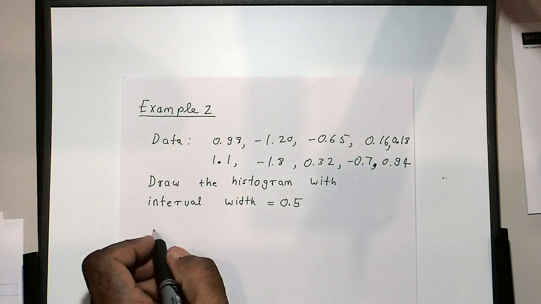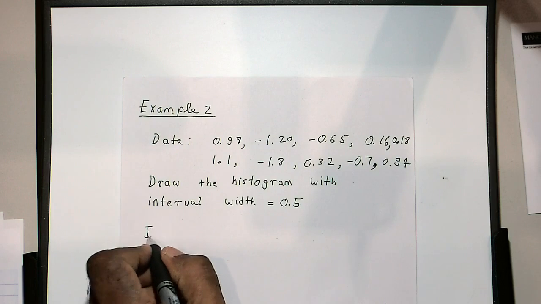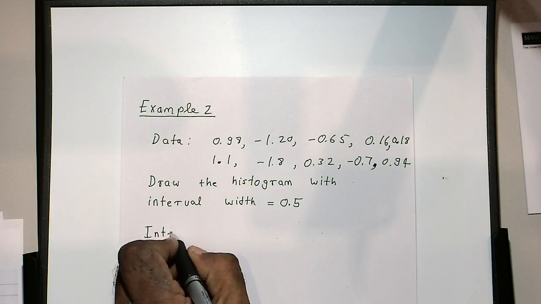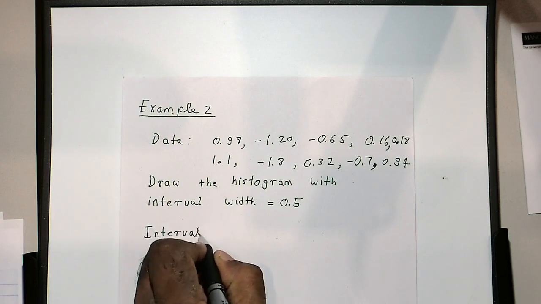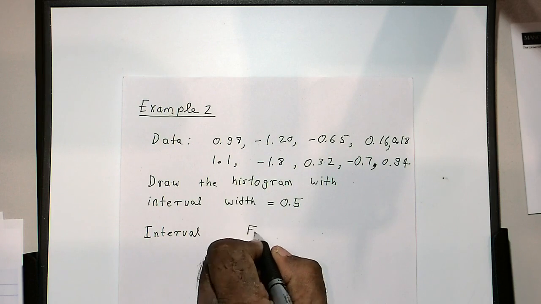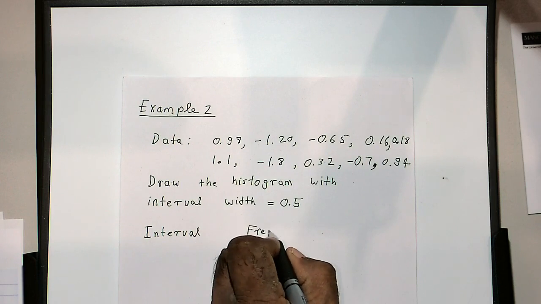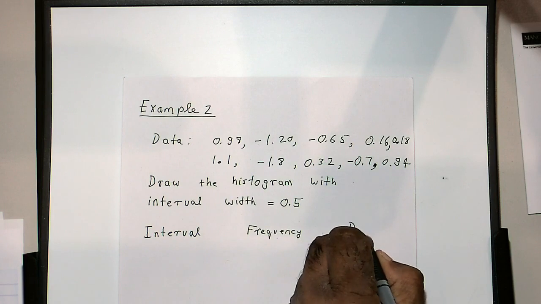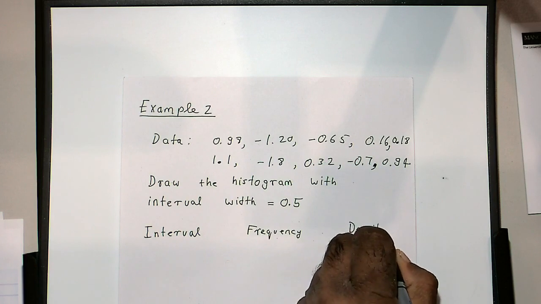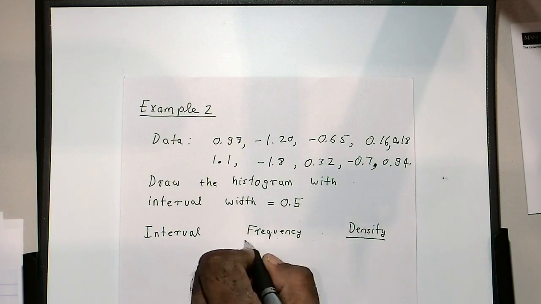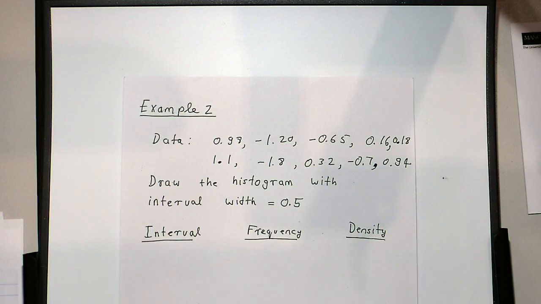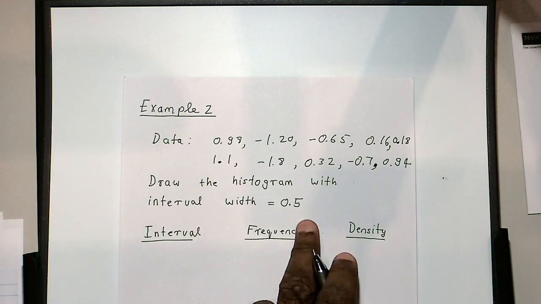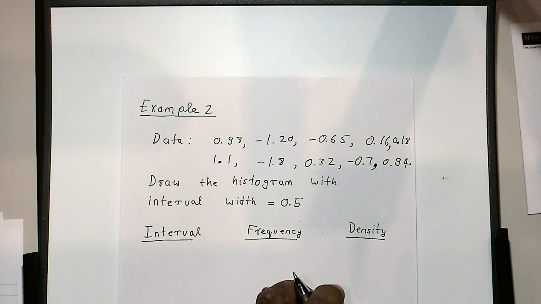The first thing is you need to create a table with the following columns. All right, we are looking at an interval width of 0.5, which means that each interval should have this width.